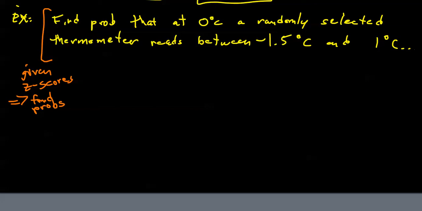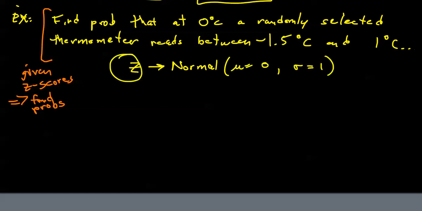Alright, we know that this large group of thermometers follows thermometer readings that have a standard normal distribution. Again, this may be redundant. Z automatically means standard normal. Alright, so I want the probability that Z is between minus 1.5 and 1.